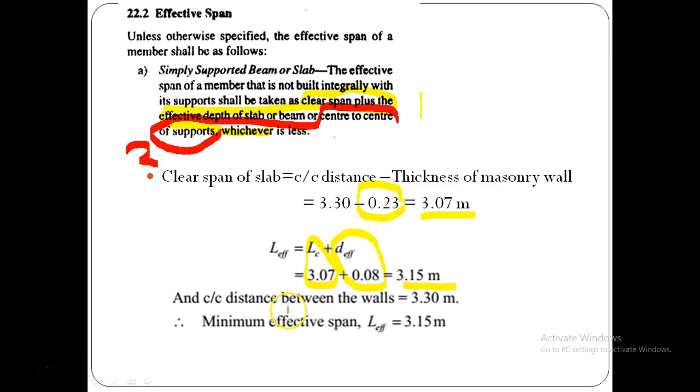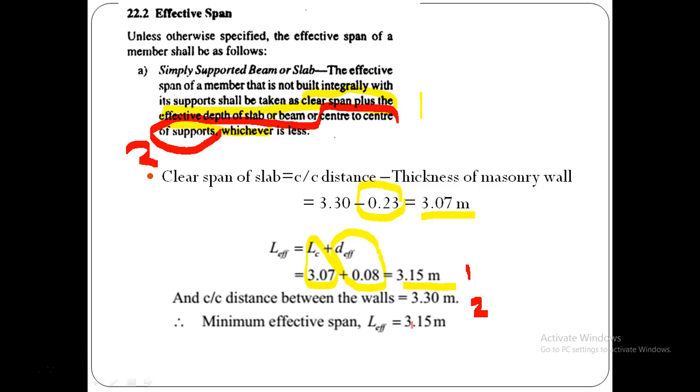This is already given in the problem, that is 3.30 meter. Now 3.15 is case number 1 and 3.30 is case number 2. Out of these two values we have to consider the minimum one. Now what is the minimum one? That is 3.15. So the final answer should be 3.15 meter, and that is the minimum effective span.